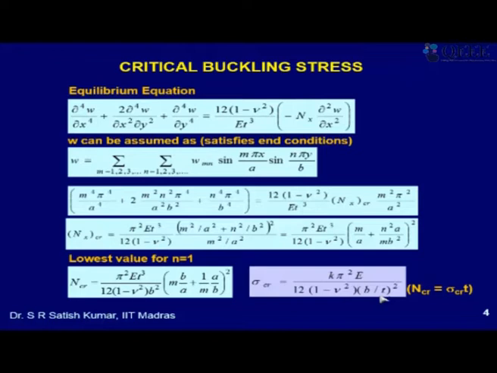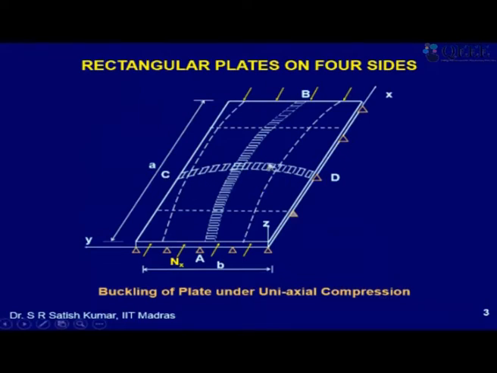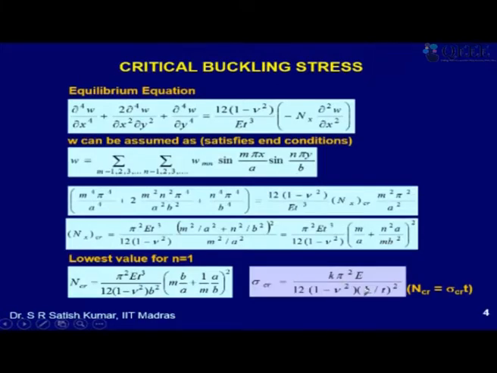Why it is so important is that the strip CD is the one which controls the buckling of the plate rather than the strip AB. AB is buckling freely, but the width CD, which is giving the restraint, is controlling the buckling stress. For columns, for various end conditions we use K into L, KL, that is the effective length, so the effective slenderness ratio is KL by r.